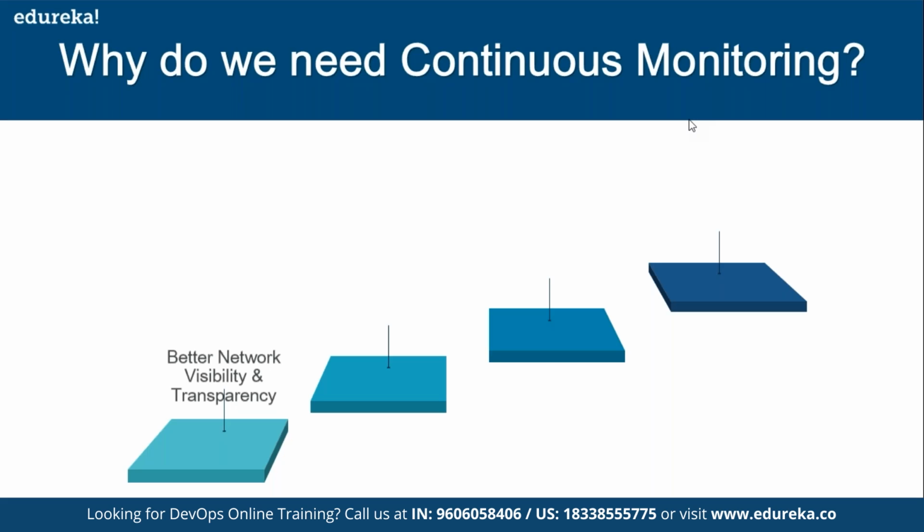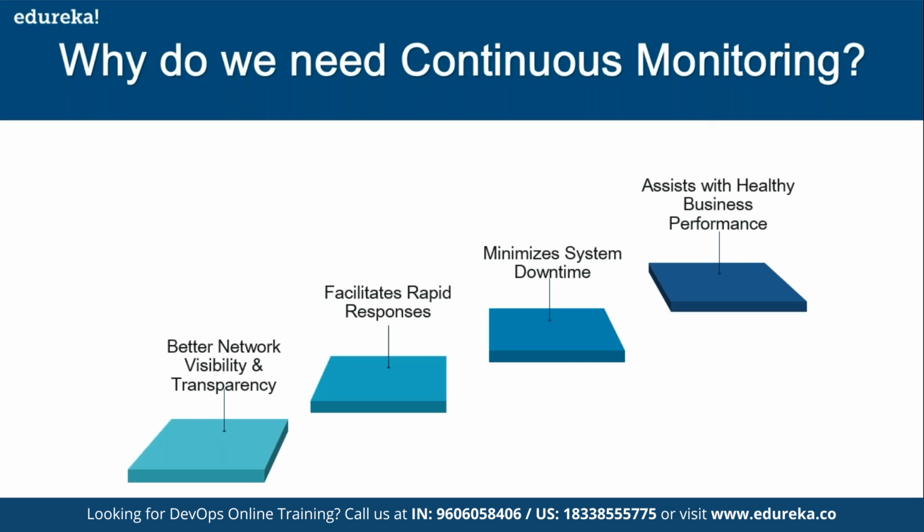It also facilitates rapid responses, which is the primary aspect of continuous monitoring. Having deployed, and being in a phase where it's all automated, the responses have to be fast enough. There's no point if there's a problem in the code and it gets notified after a few days or weeks.